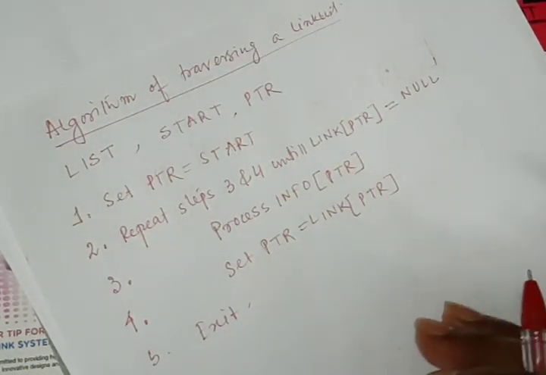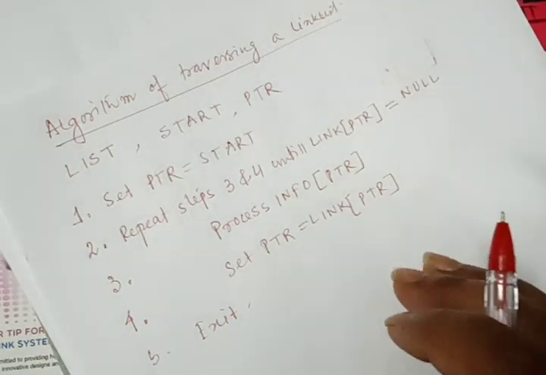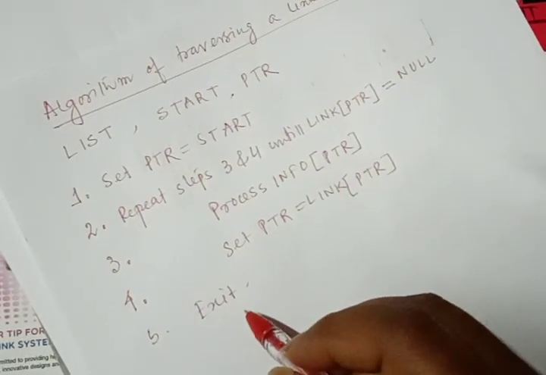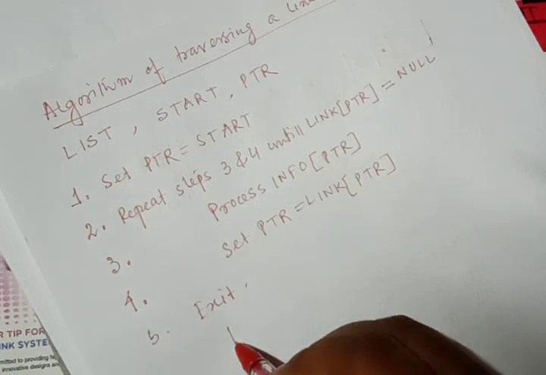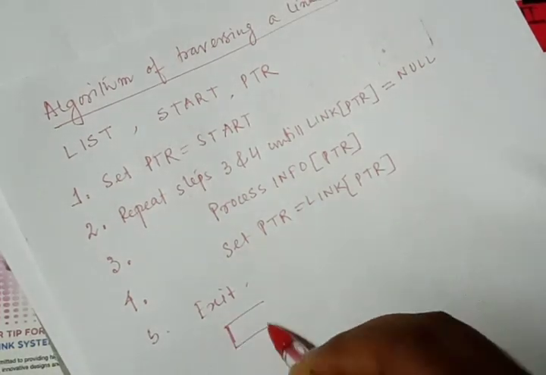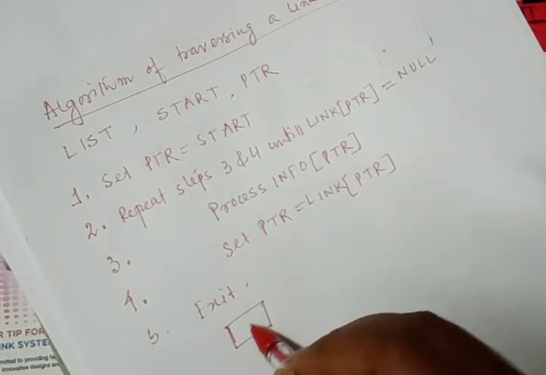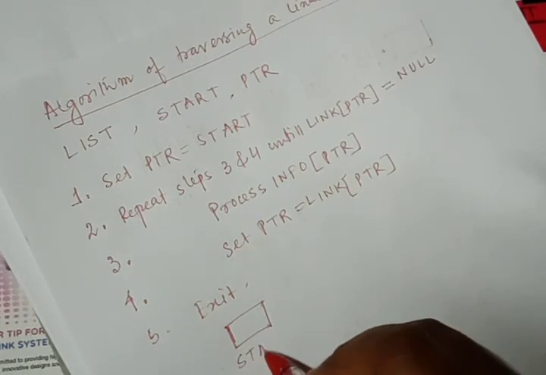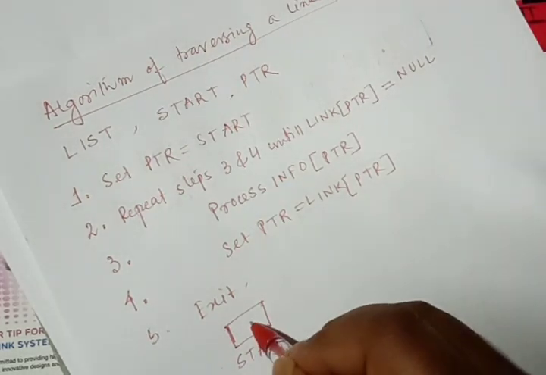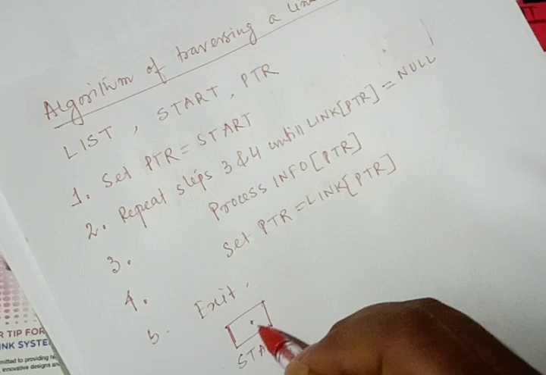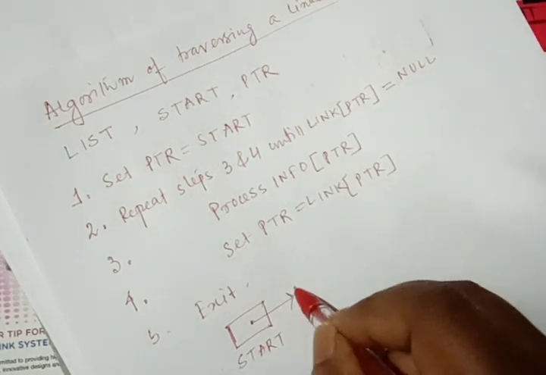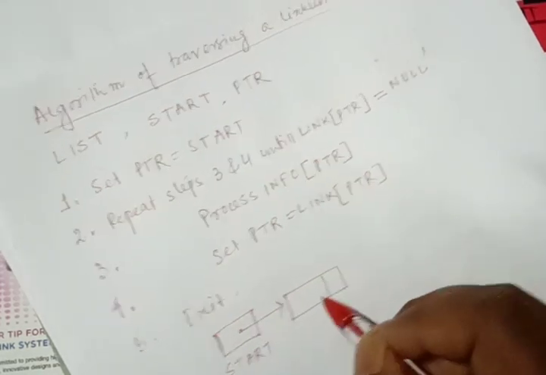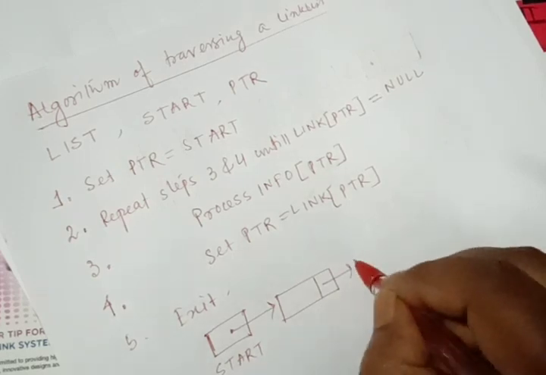Now you can apply this algorithm on any linked list. Now I will apply this algorithm on this list. Suppose this is the start node, or the address of the starting node of the linked list.